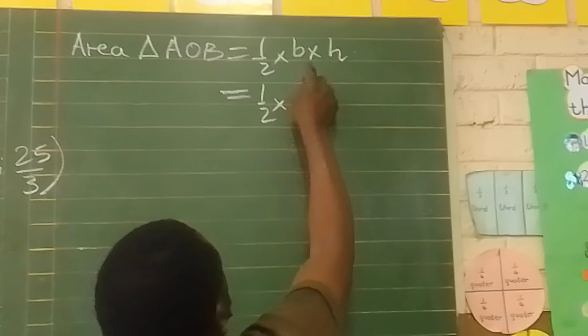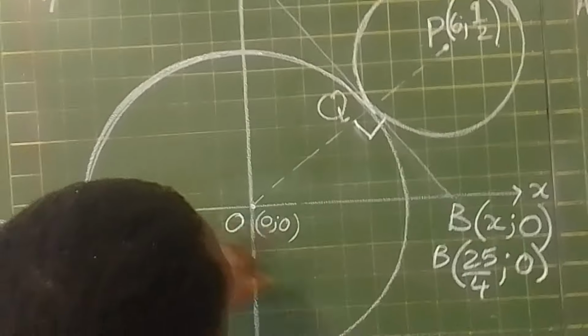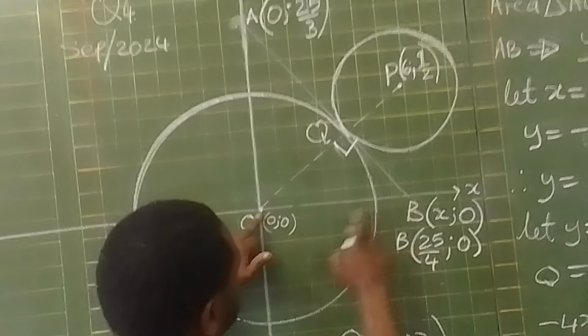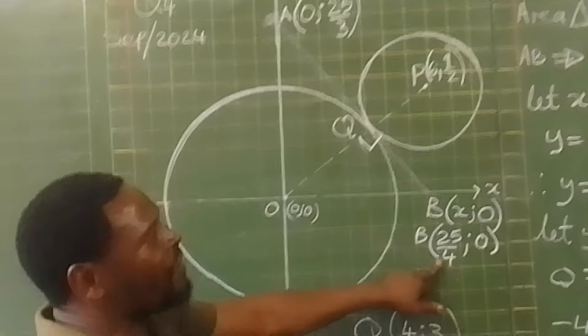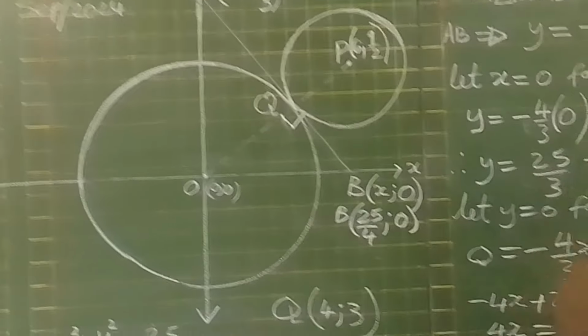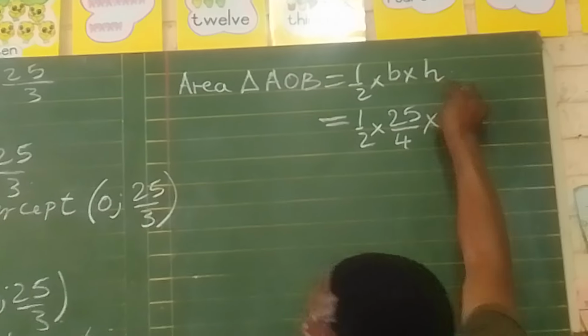Half times, what is the breadth? Come and check with me. The breadth of triangle AOB. This is the breadth, and this length here is 25 over 4, multiplied by the height.